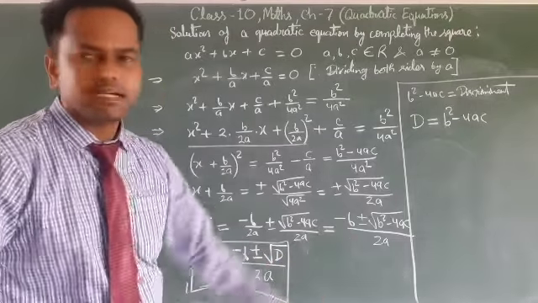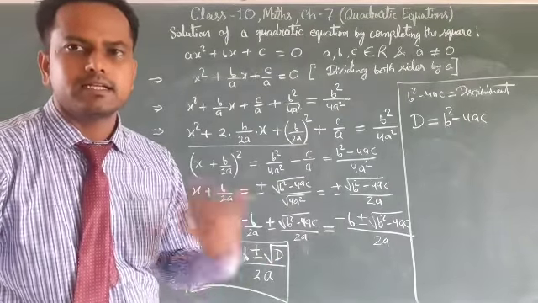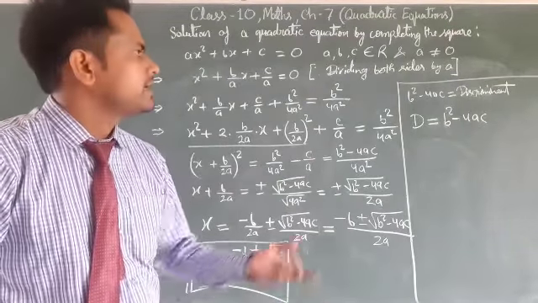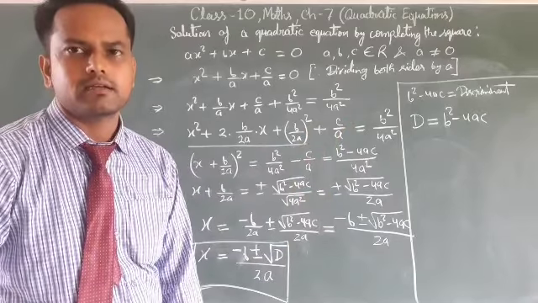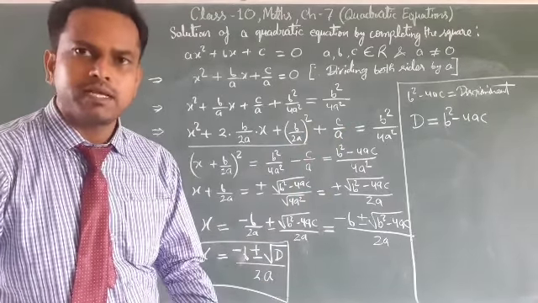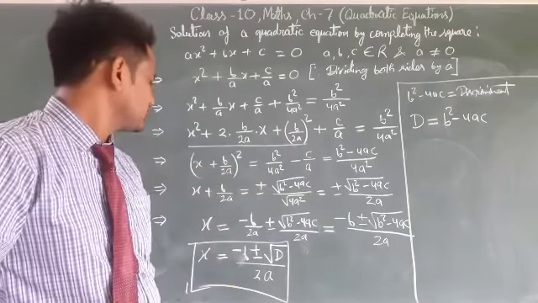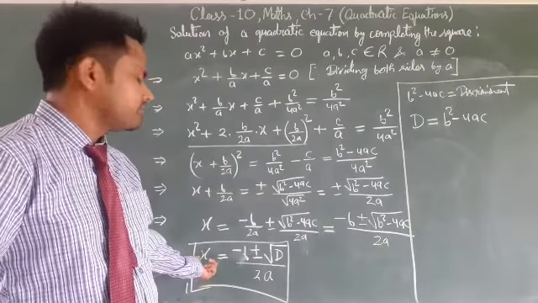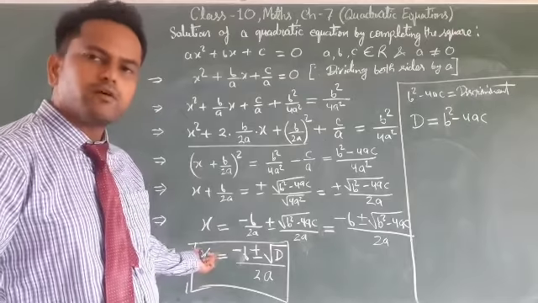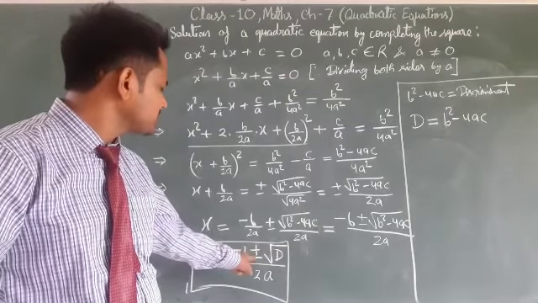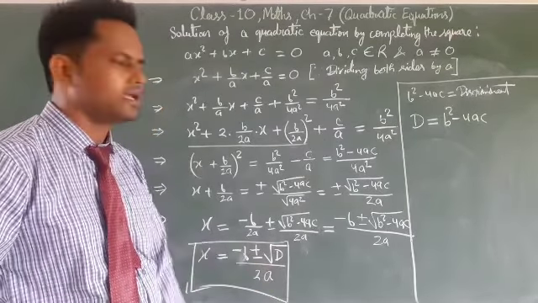So b square minus 4ac is represented as capital D and its name is discriminant. What is discriminant? b square minus 4ac is discriminant. Got it? So here we get the value of x as minus b plus minus root D upon 2a.